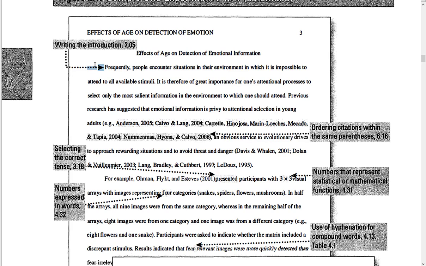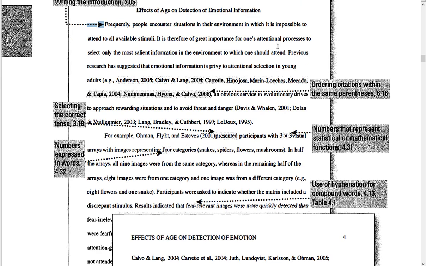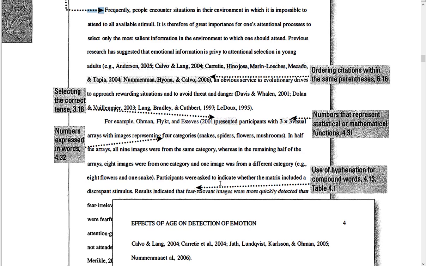So, again, notice that there is no heading here that says introduction. The first paragraph is just considered to be the introduction. And then it talks about some things relating to ordering of citations and some other things here that are broken out for you to look at.